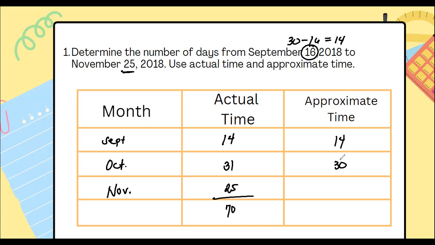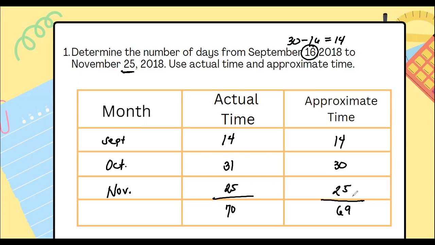Then November ends on November 25, so 25 days remain. After listing all the days, we add them: 14 plus 30 plus 25. The answer is 69. So, using approximate time, there are 69 days from September 16, 2018 to November 25, 2018. That's all you do in solving the actual time and the approximate time.